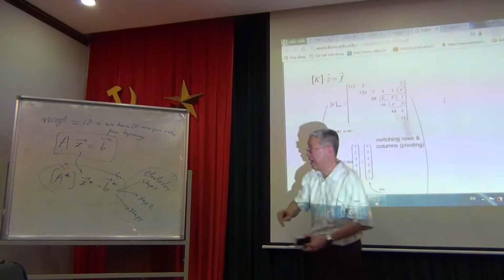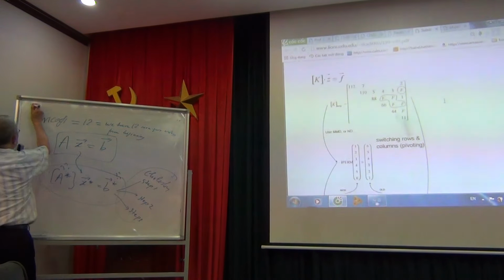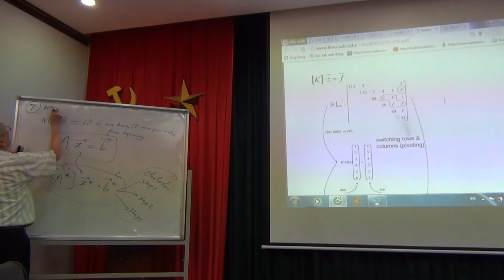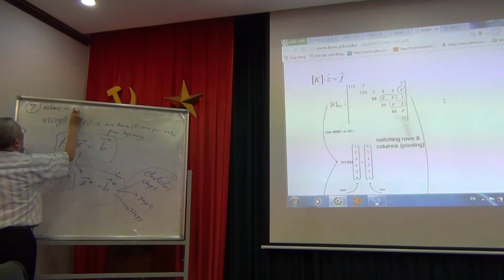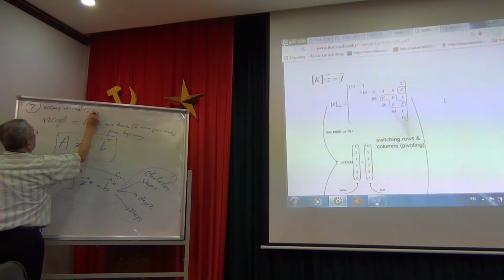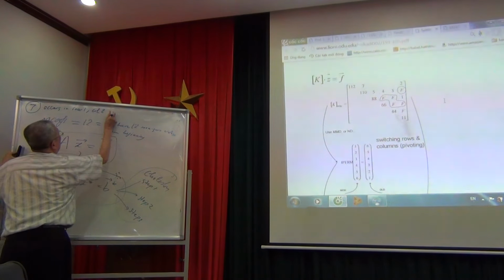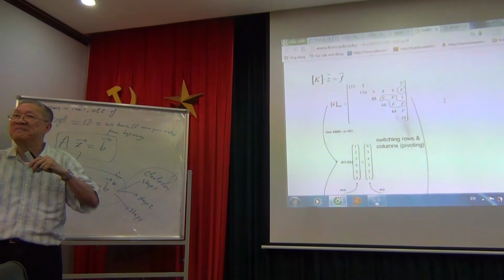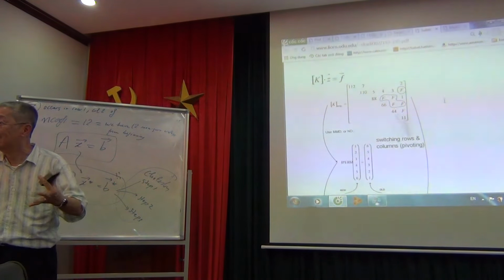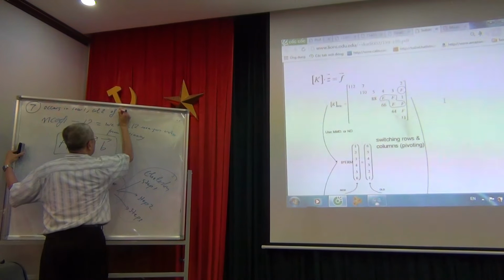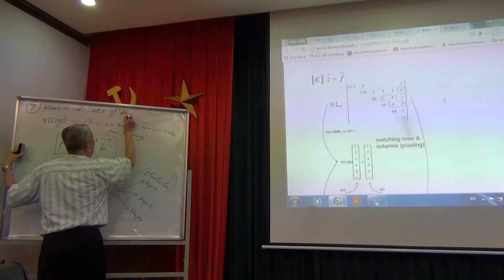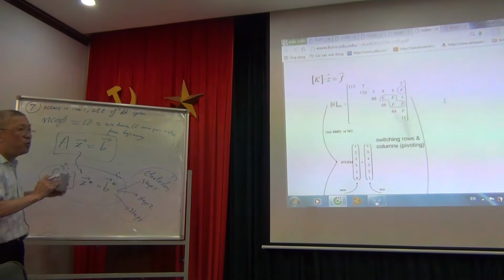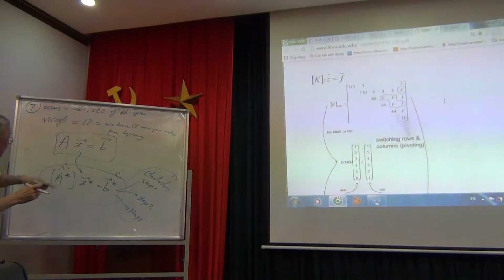Now remember, let me write down: the value 7 occurs in row 1, column 2 of the old system or the new system? Of the old system. Okay, good, of the old numbering system.